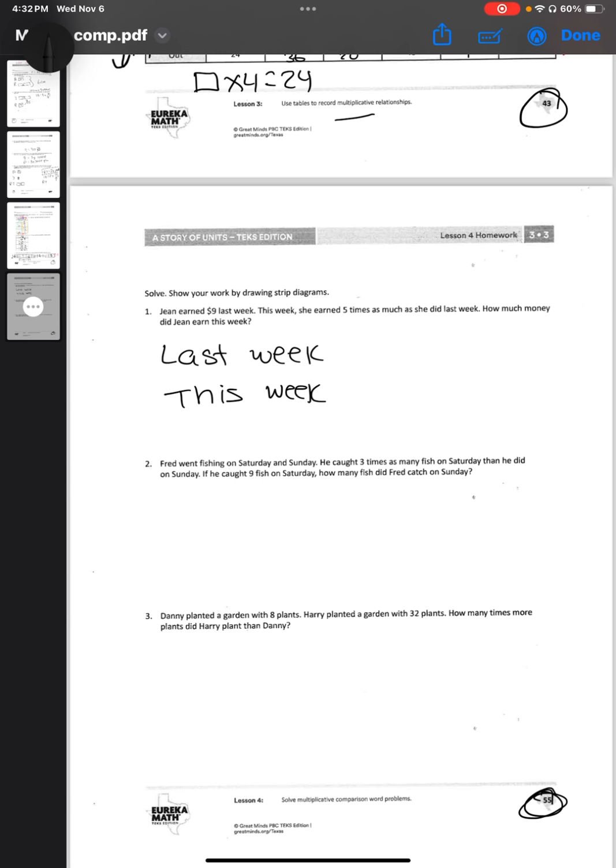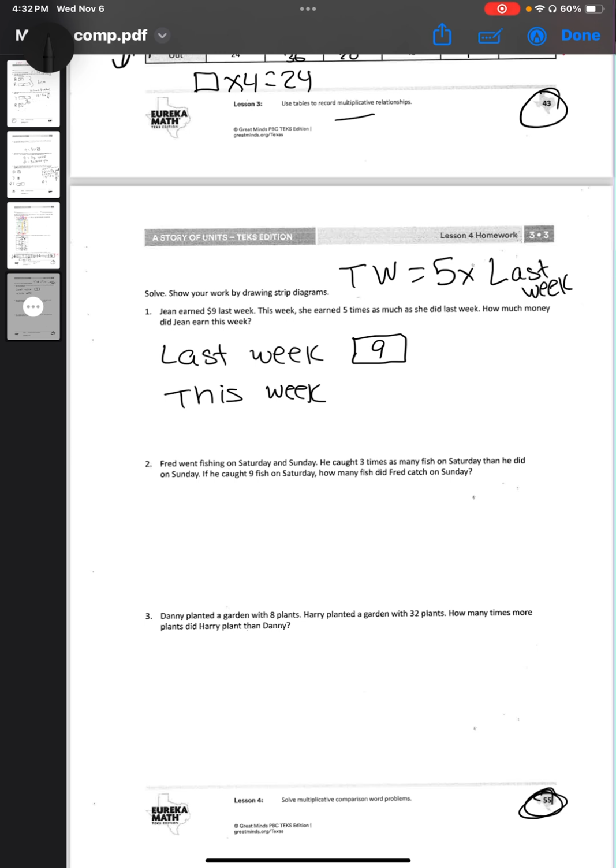And we're trying to compare those two and see what's similar and what is different. So when we go back and reread the information, it says Jean earned $9 last week. That is nice and simple. We can just create a bar with a value of $9. It says this week, I'm going to abbreviate that with TW, she earned 5 times as much as she did last week.